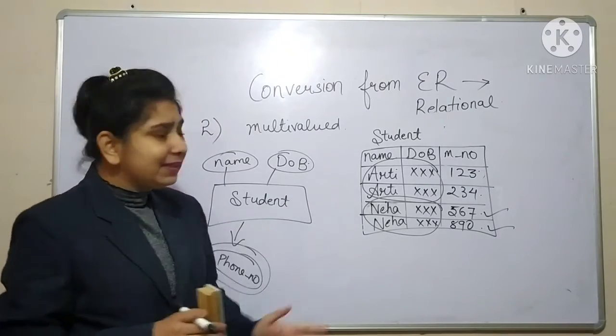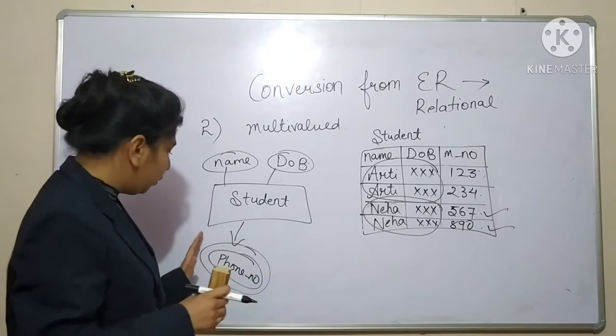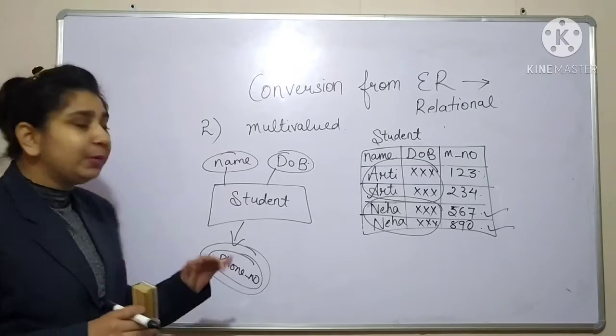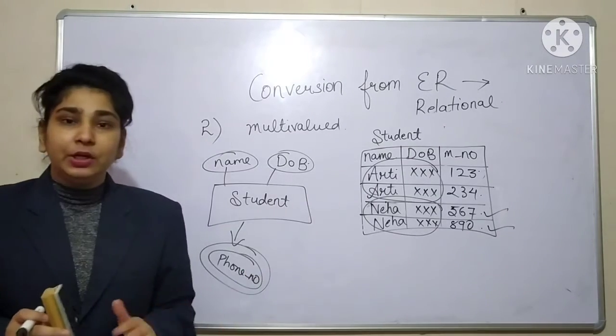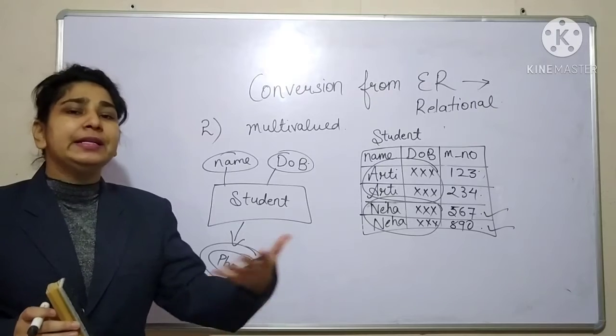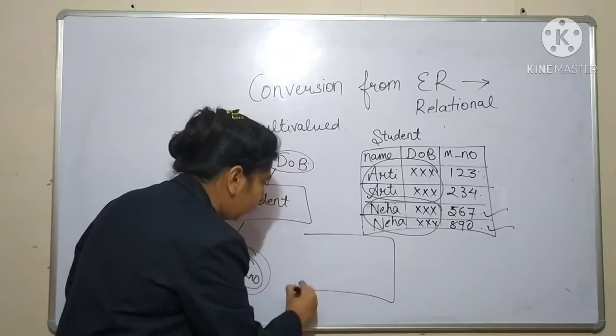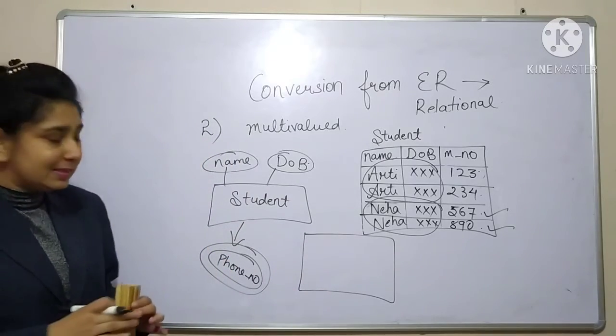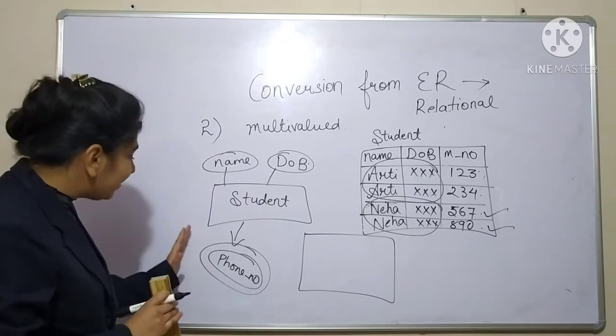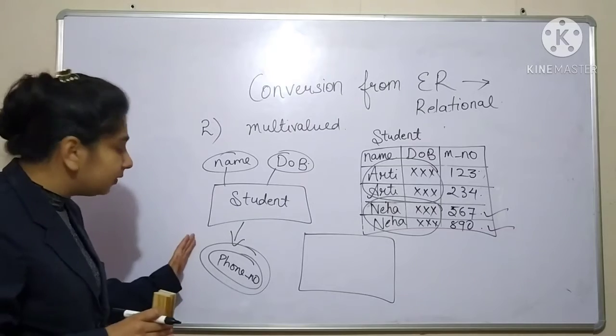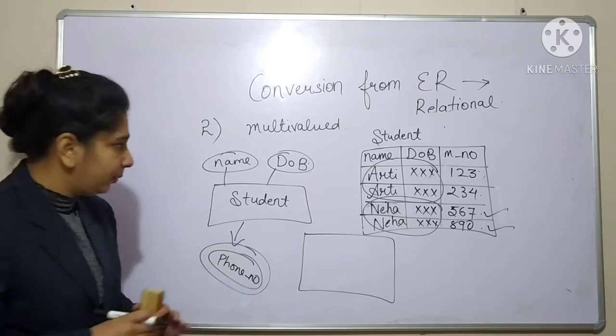Okay. So what is a good way to keep a multi-valued attribute in your table? You make one different table. Okay. What you can do? We will be making two tables. We will be making one separate table for the multi-valued attribute.